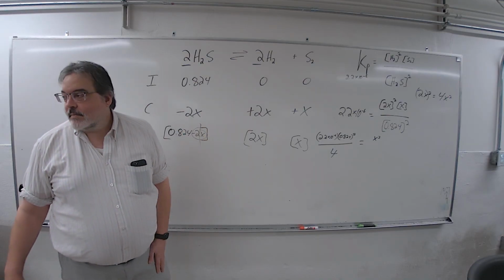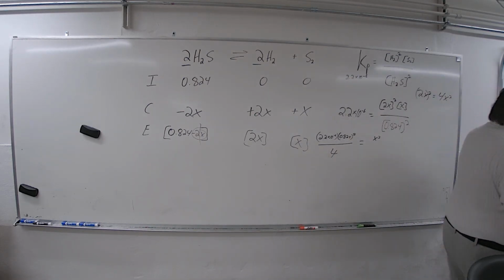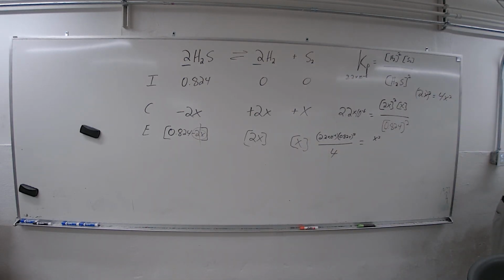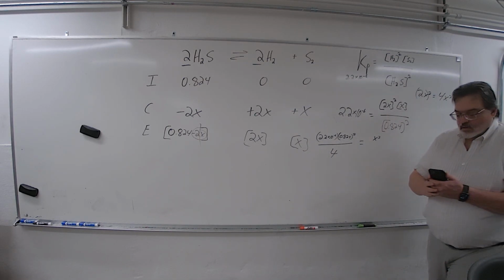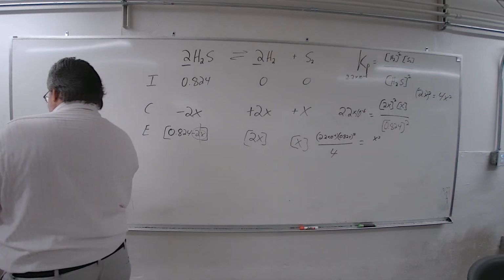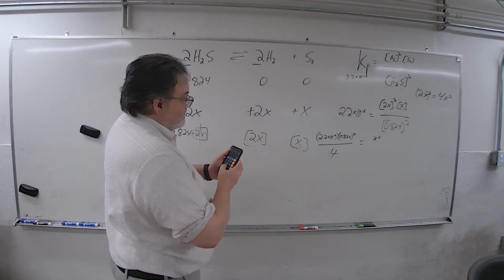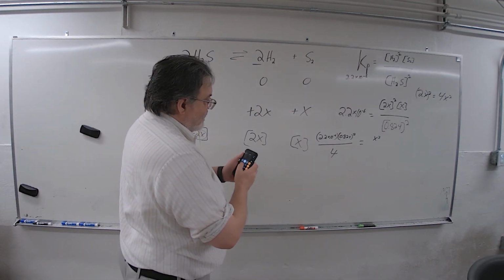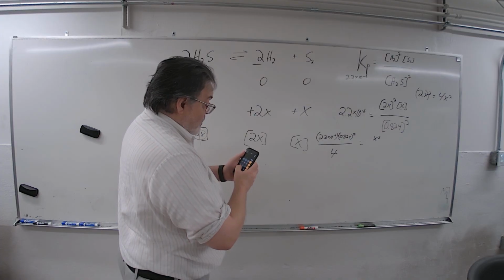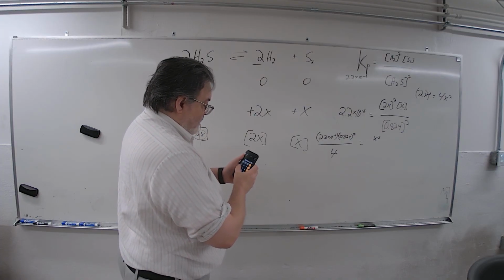Practice these. If they're not coming out right, let me know. Maybe I better go through this one just to be sure. I so want to do it in the spreadsheet. 2.2, no, 0.824 times 0.824.